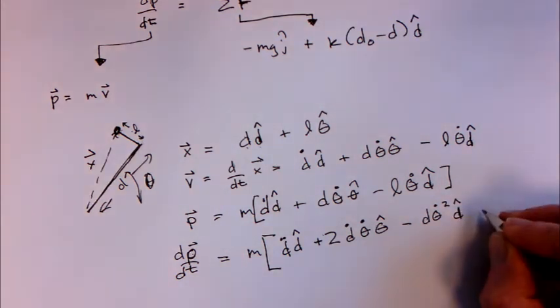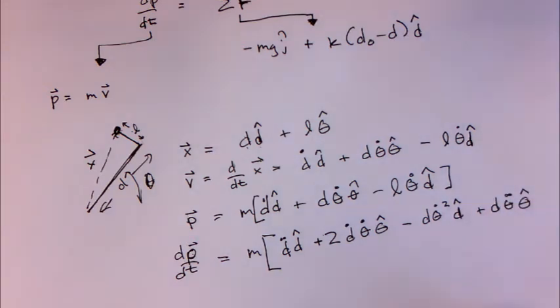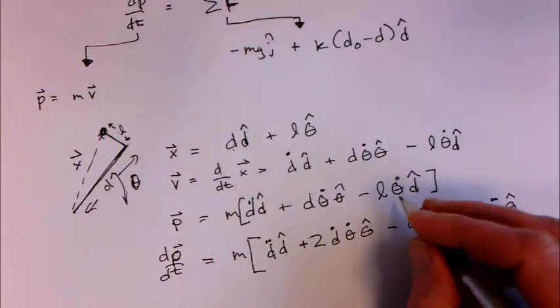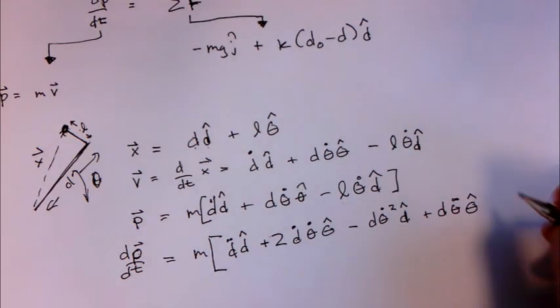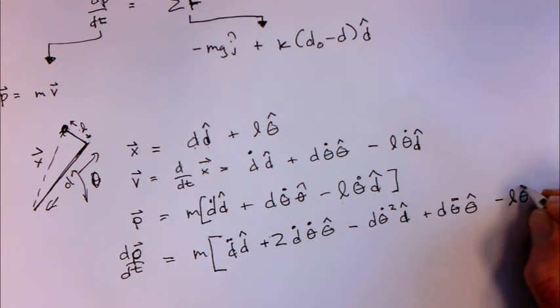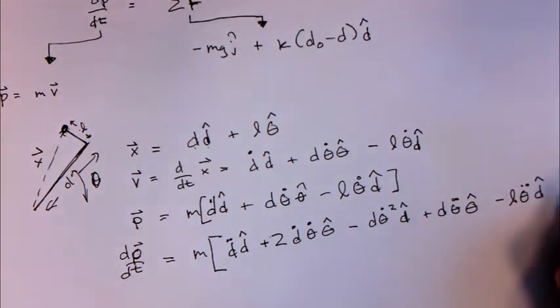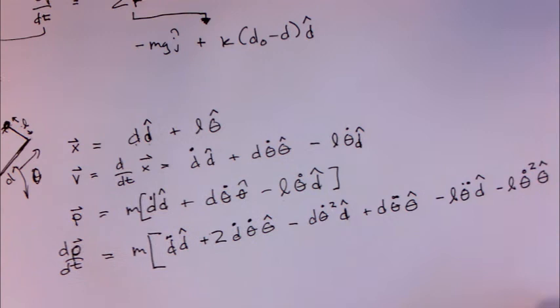And we get a plus d times theta double dot times theta hat term. And then finally, from the second term, the L term, we get a minus L times theta double dot times d hat and a minus L times theta dot squared times theta hat.